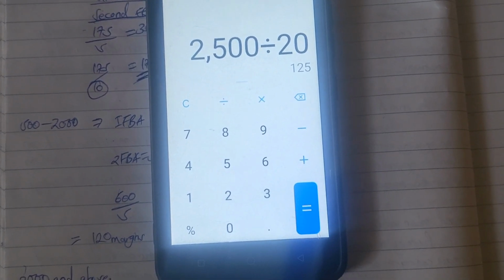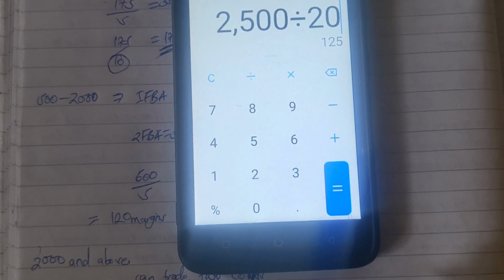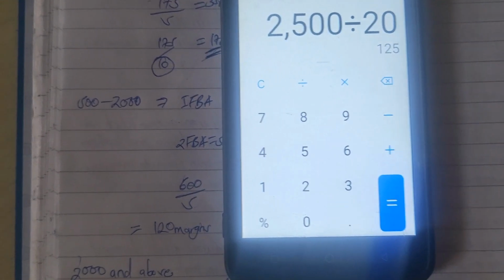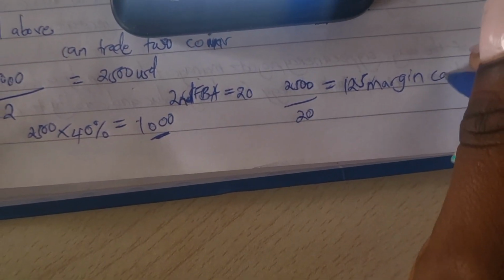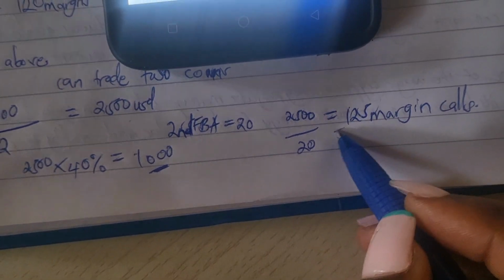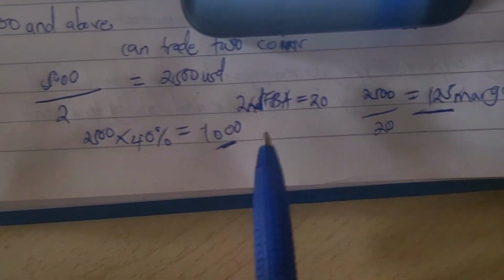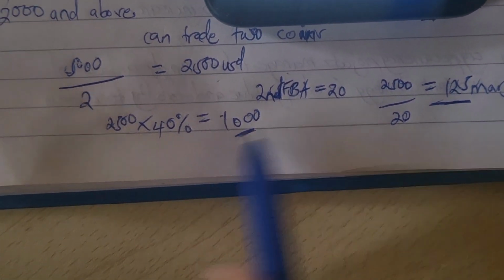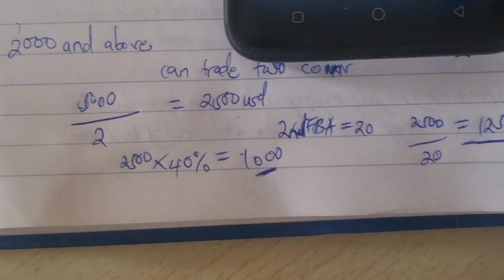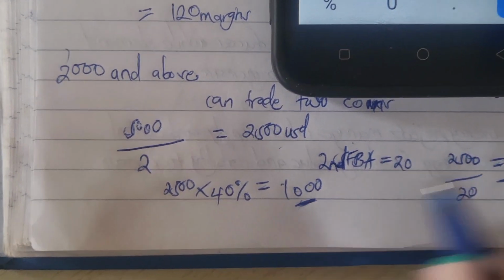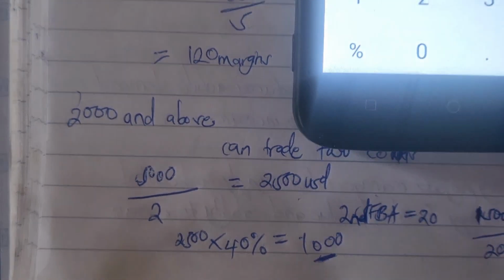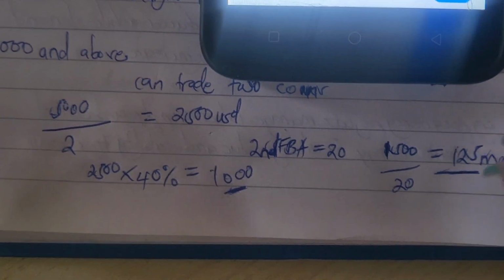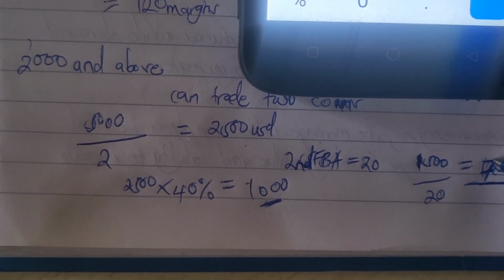So 2,500 by 20, we get 125 margin calls. Remember, these are whole because the robot already bought using our $1,000. So, sorry, we made a mistake. It is 2,500 minus 1,000, we get 1,500. So 1,500 by 20, we are getting 75 margin calls.